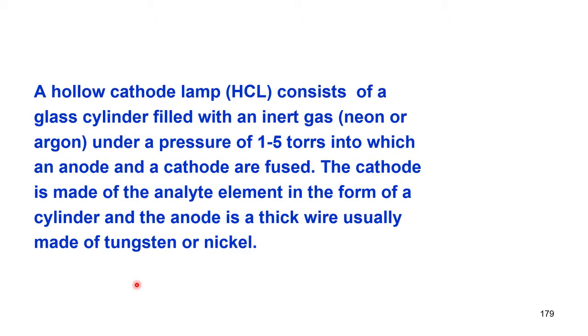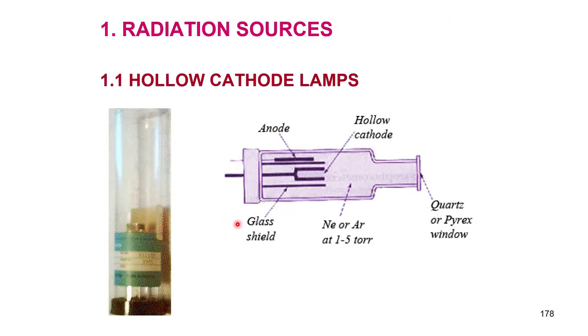So, it consists of a glass cylinder filled with an inert gas under pressure of 1 to 5 torrs, into which an anode and cathode are fused. You can see that this anode and this cathode are fused into the glass, and the whole thing is evacuated.